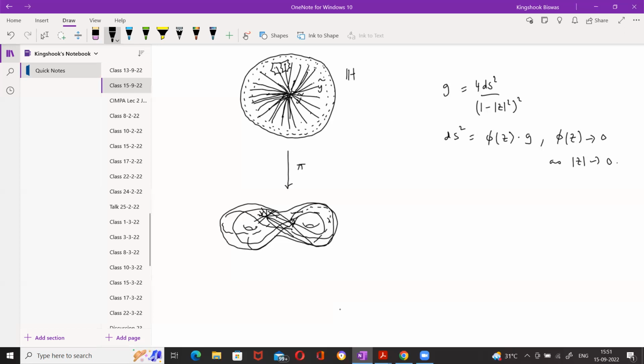Well, look, if I look at geodesics in the hyperbolic surface, if I look at simple closed geodesics, without self-intersections, then the possible limits of those are well understood. Those are what are called geodesic laminations.